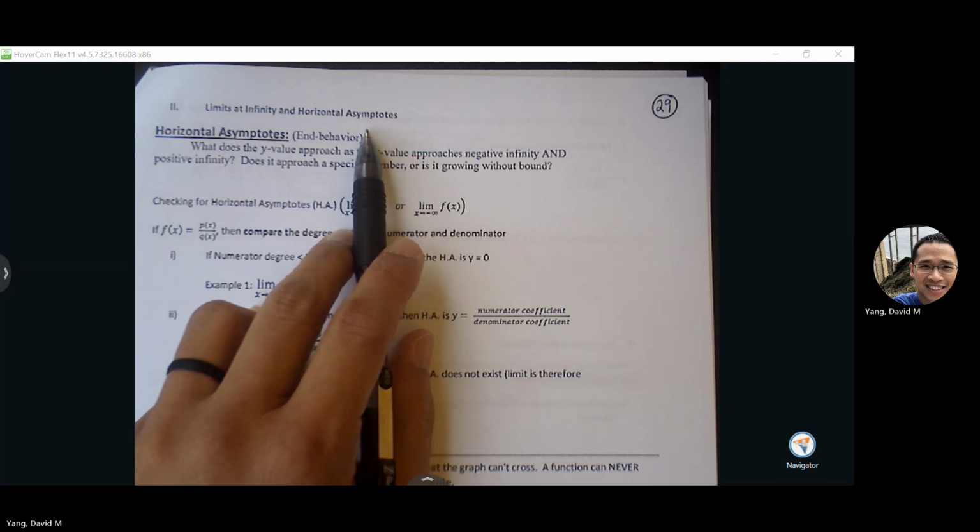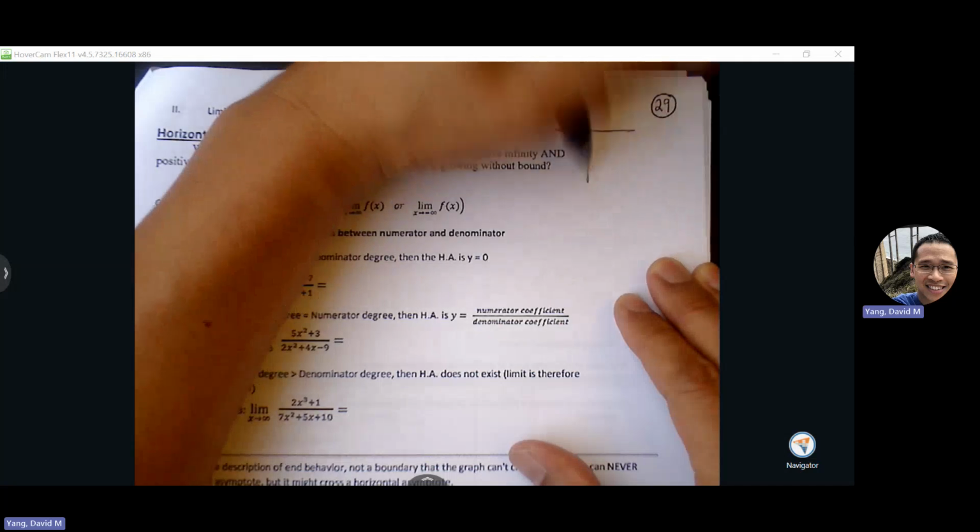so now we're going to be talking about limits at infinity and horizontal asymptotes. Before, we talked about what happens if we're approaching a vertical asymptote: it's going to go up to infinity. But if we're approaching infinity, that's really end behavior. So we could have graphs that look like this, right?